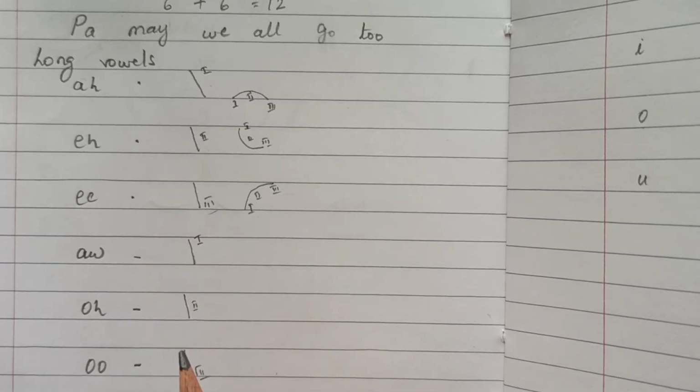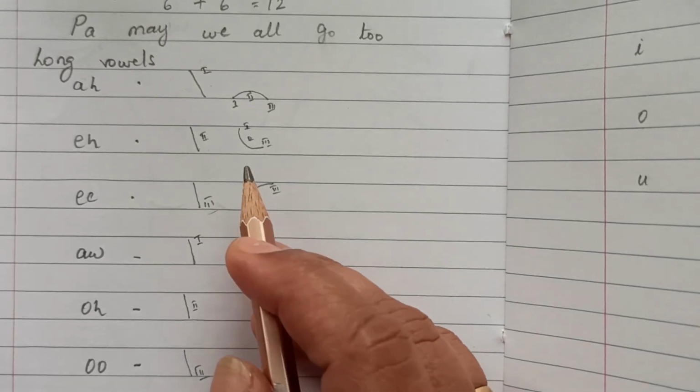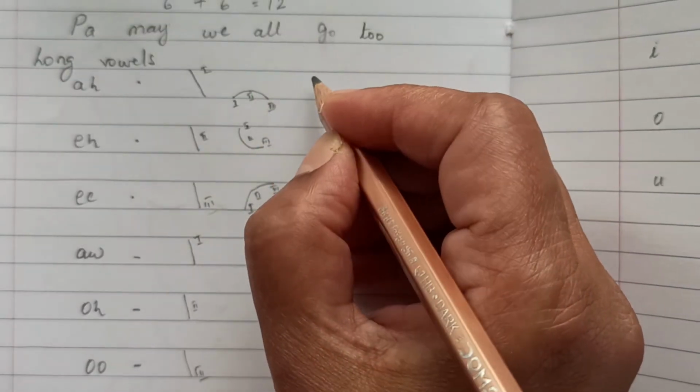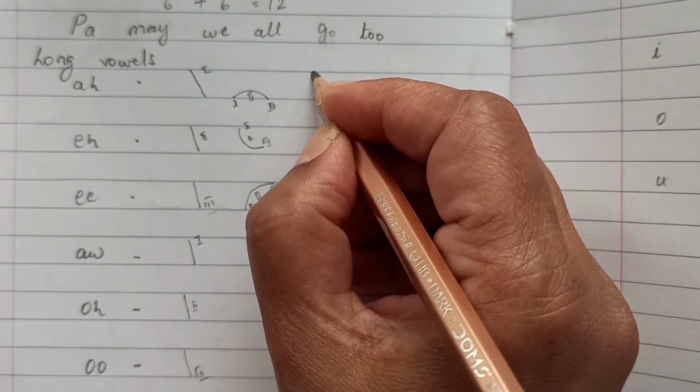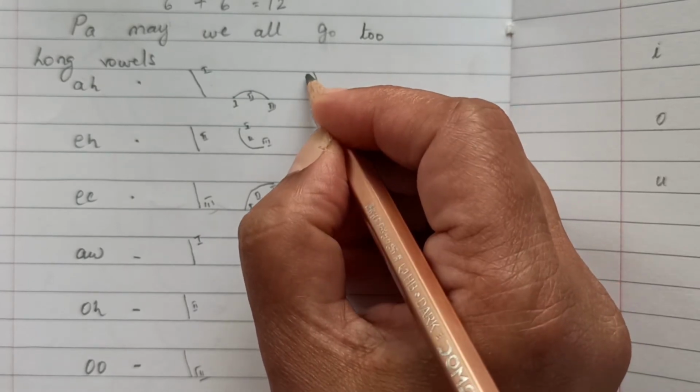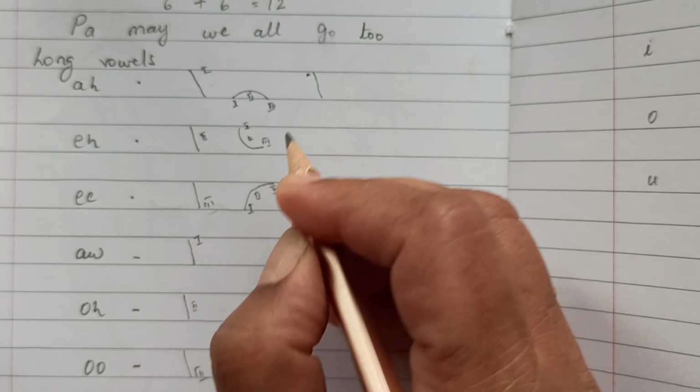Now, once we learn marking the vowels, we shall place the vowels. If a vowel sound comes before a consonant, then it has to be placed on the left side. Suppose a vowel comes before a consonant, it should be placed on the left side.